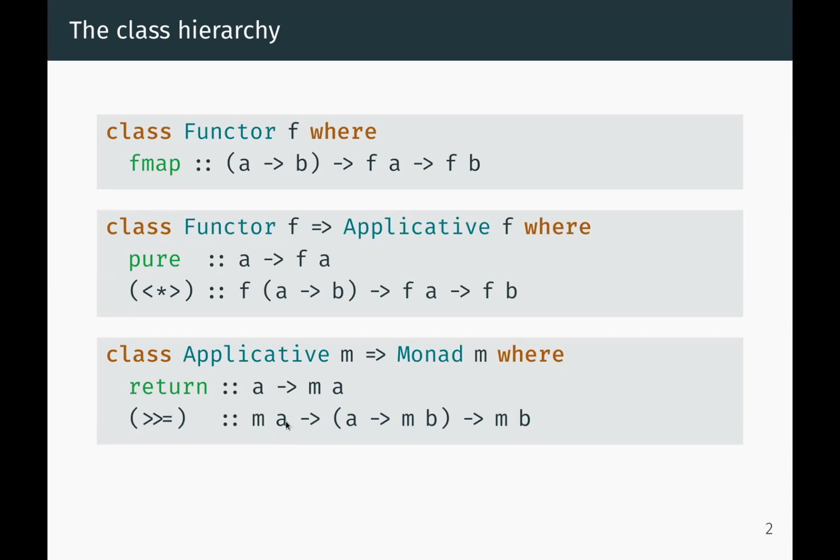So given an effectful computation that results in an A and a continuation that takes an A and gives an effectful computation resulting in a B, we can bind the one to the other and get an effectful computation that results in a B. And normally all you have to implement to define your own monad is pure and bind, and then fmap and app have default implementations. Return is just pure, and for app and fmap, there's liftM and ap in the Control.Monad module.